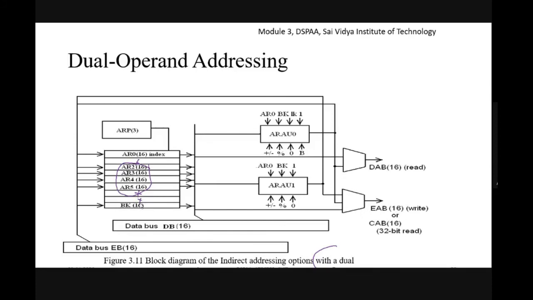Circular buffer size is there. This calculation remains the same, ARAU0 and ARAU1. So it can be used for increment, decrement, circular addressing, indexed addressing, indirect addressing, indexed indirect addressing, and also bit reversed indirect addressing. So the variations are there. An immediate value can also be added in case of indirect addressing with the help of the LK concept.